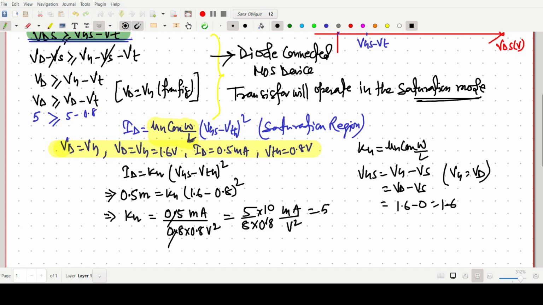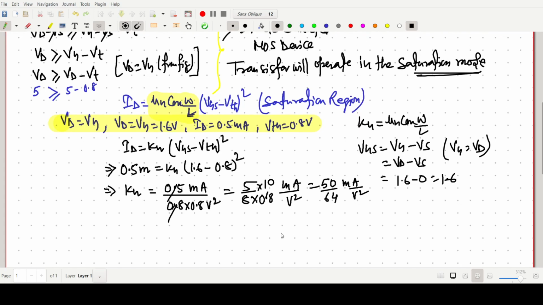So 50 by 64 milliampere by volt square. The final value of this Kn, I am writing, is 50 by 64 milliampere by volt square. I am highlighting this.